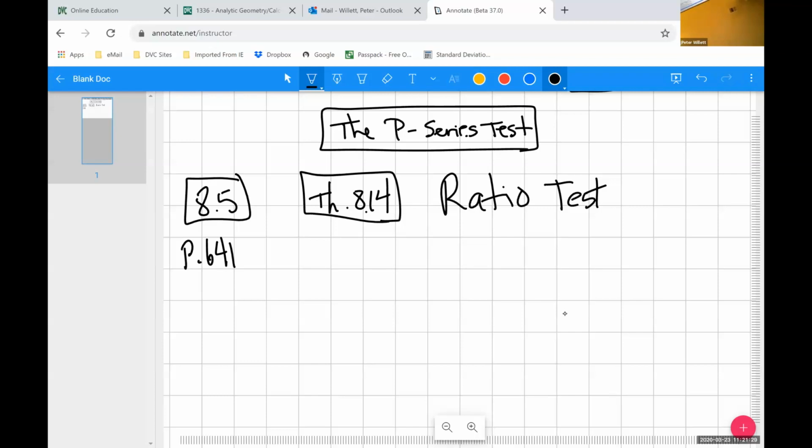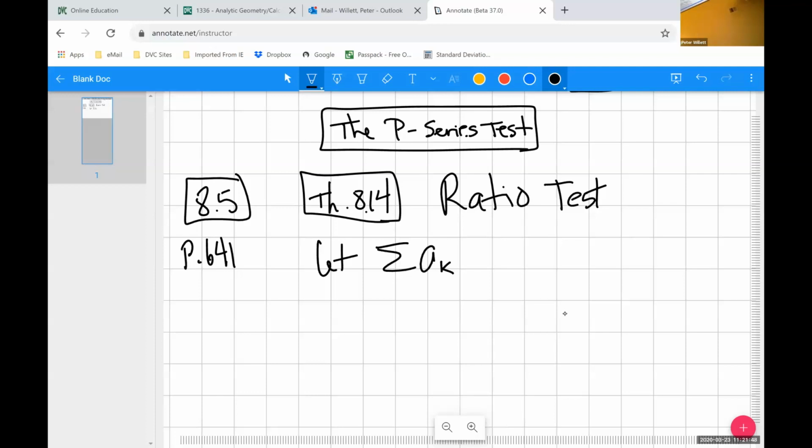Okay, so again, what is our situation? We are looking at an infinite series of a sub k's, and we're trying to figure out whether it converges or diverges.